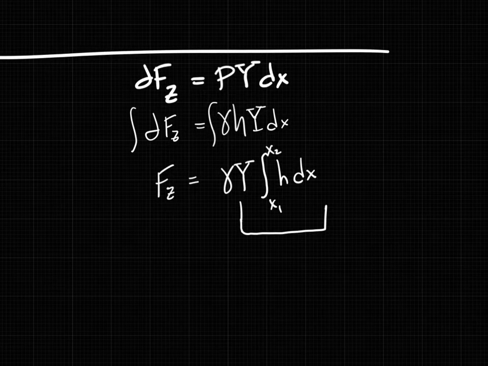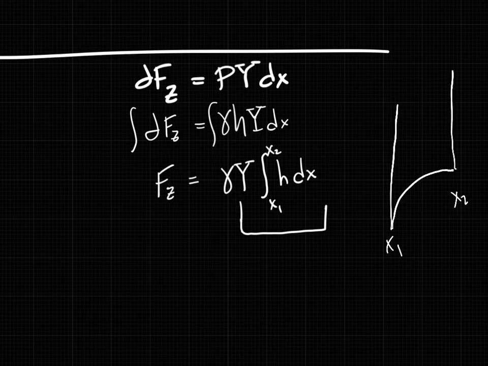I'm going to sketch it real quick because I think it's important. This is just some shape, and here's x1, here's x2, and both of these go up to the surface. h is defined here, and dx is a little bitty piece like this.